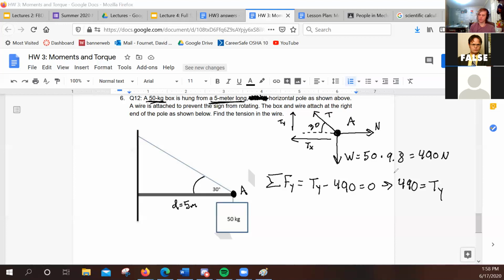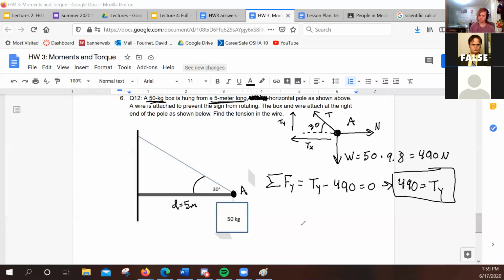We have our Ty. What is one way that we could find T? We also have our angle. Could we just use a trigonometric function? Yes, we could. So I'm going to rewrite this triangle.